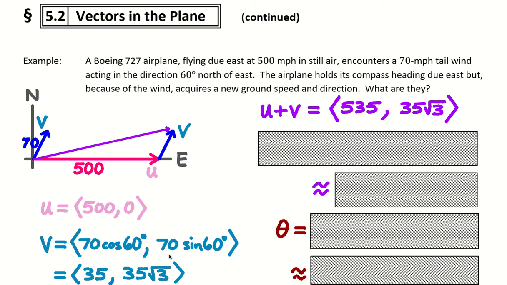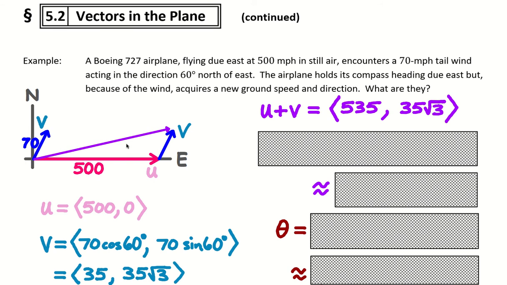And so it looks like we're able to do this exactly, but obviously approximating what 35 root 3 is, or basically approximating what 70 times the sine of 60 degrees is. I'm sure it'd be okay to just approximate that answer. But now we can get to here.